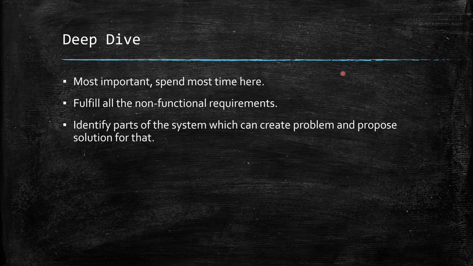This is an open-ended part of the design interview. So what I would recommend is that you have a chat with your interviewer. You should communicate that, hey, I think that these parts of the system are the bottlenecks, or these parts of the system are the problems that we have, which will be most important to solve.